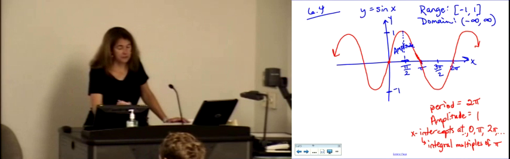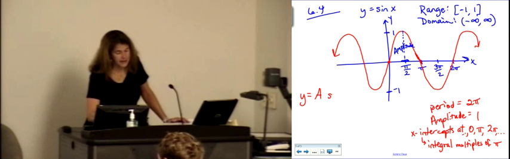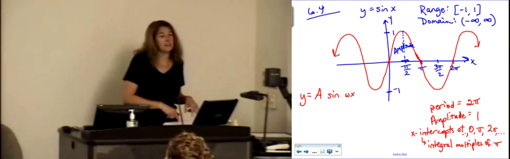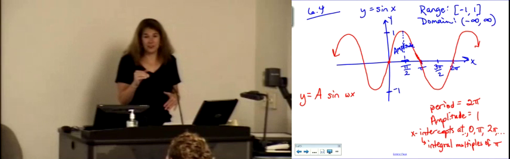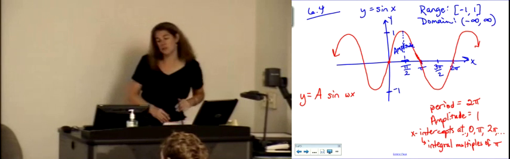The sine graph in general, the function is in this form. The form of the equation is y equals a sine omega x. Your book uses omega. It looks like a W when I draw it. It's a lowercase omega, Greek symbol there. Some of you will say, well, that's just wx.